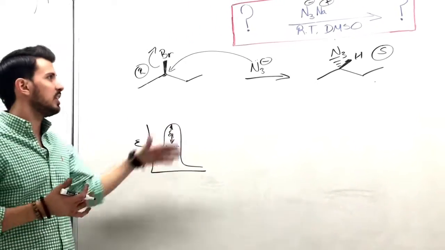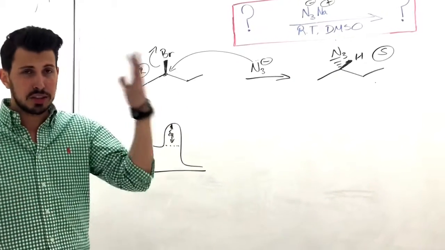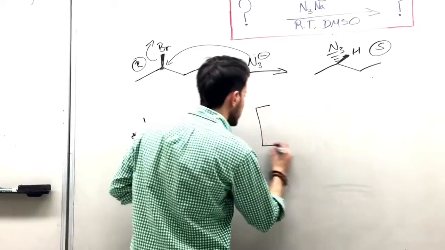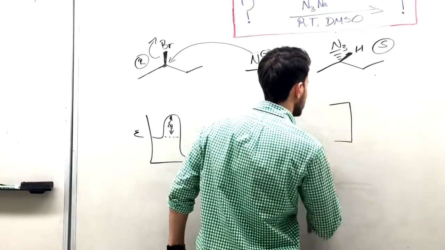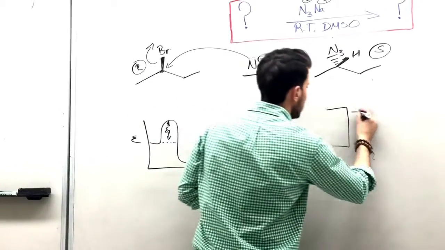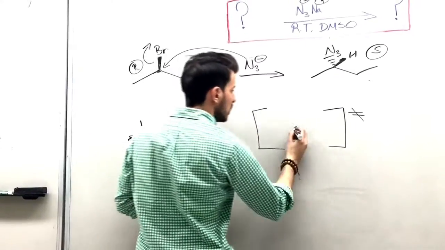The transition state is also important to know whether you're taking the MCAT, DAT, or just taking the Orgo class. You want to know that the transition state looks something like this. In other words, as we're going over this hill, let's draw this.